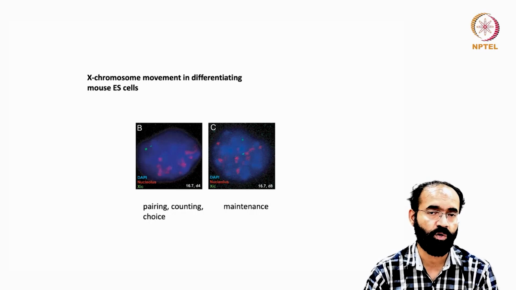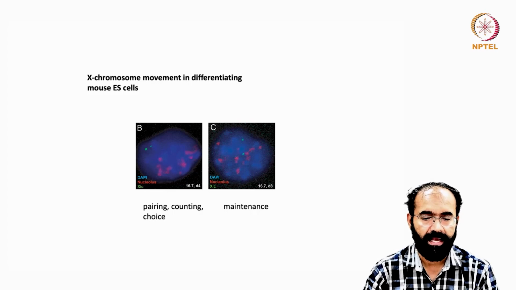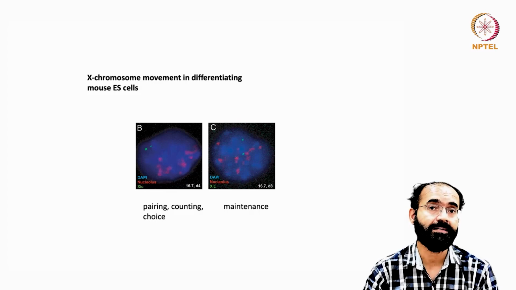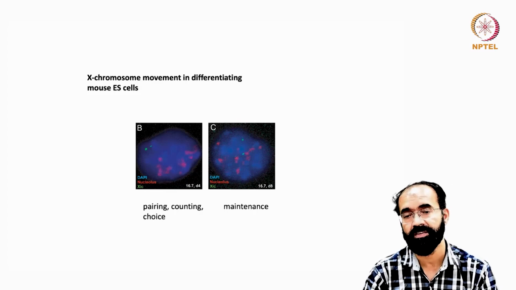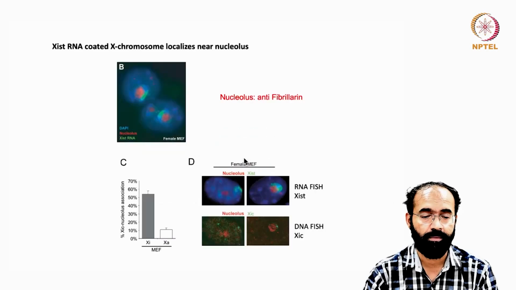For pairing, they have to be close by. Once they are close by, they slowly move apart. So pairing, counting, and the choice are decided, and the 2 dots are close by, as you can see here. The X-inactivation center is marked by this green dot, and then they slowly start moving apart, and later one of them will start expressing too much Xist, as we saw in the previous picture.